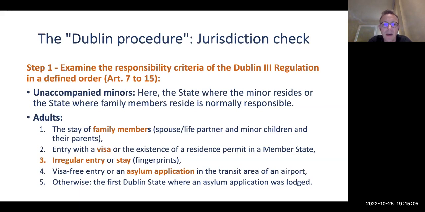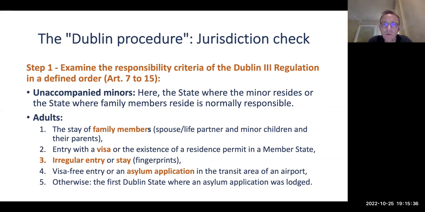Then the one that you most particularly know and have heard about is the irregular entry and stay. So if you registered your entry in a certain country, the first country of entrance is the one responsible for the asylum application.